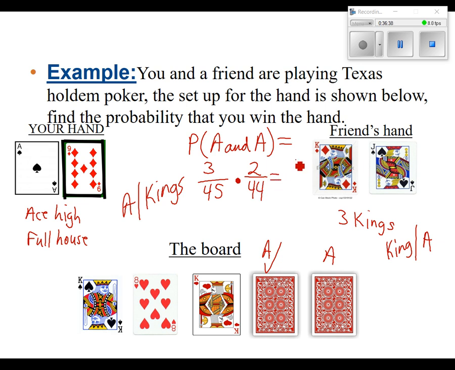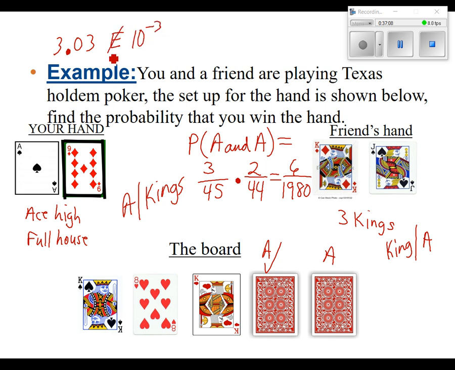I can do the top, that's 6, somebody help me out and do the bottom. 1980. Now do this for me, 6 divided by 1980, tell me the decimal. 3.03, the 03 is repeating, e to the negative 3.